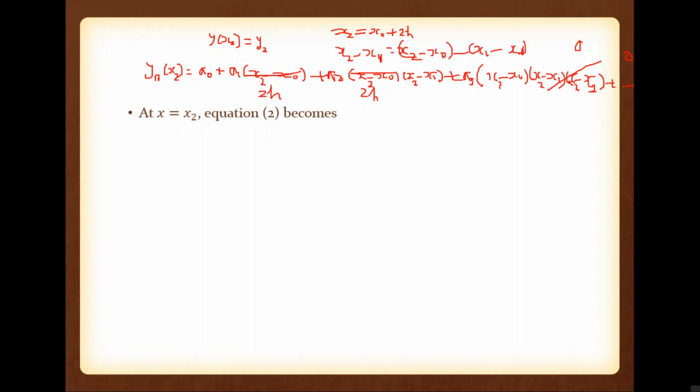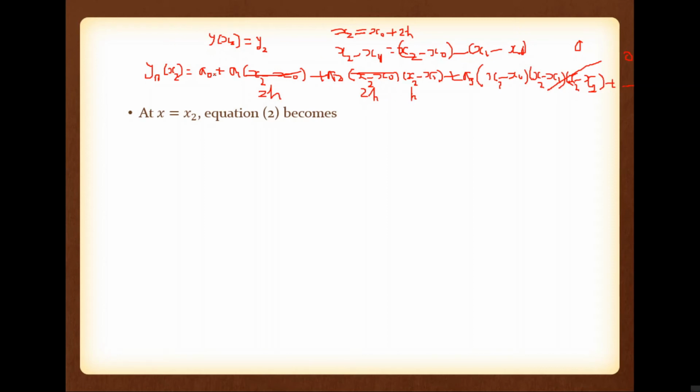So x2 minus x0 we already have, that is 2h. x1 minus x0 is h. So 2h minus h, that is h. Or by concept we can write it as h, because x2 and x1 are adjacent data, so the difference is h, because we are considering finite data. So this is 2h into h, that is 2h square.